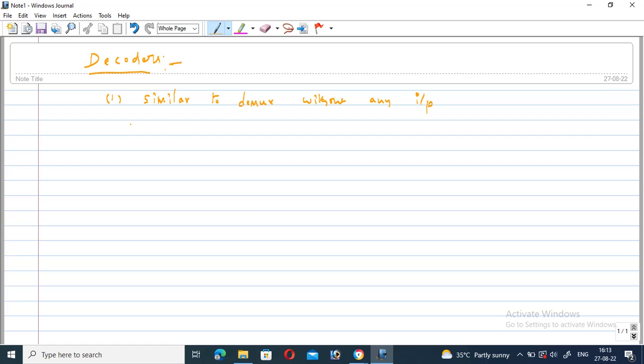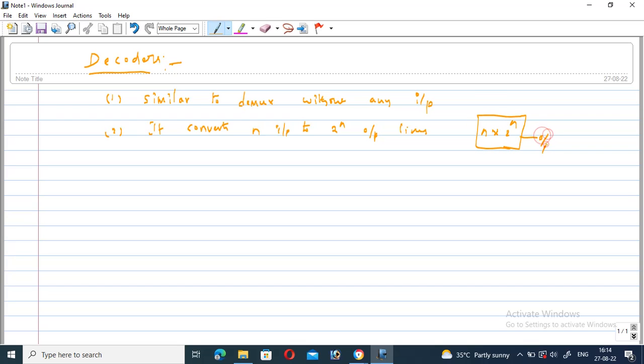That means it converts n inputs to 2 power n output lines. So this is nothing but n into 2 power n format.